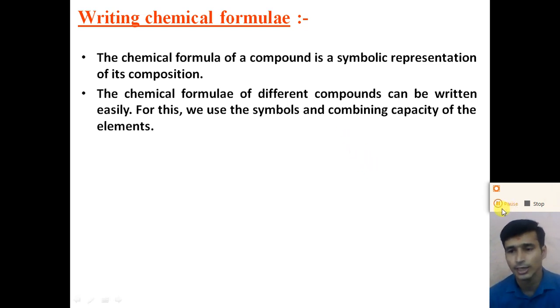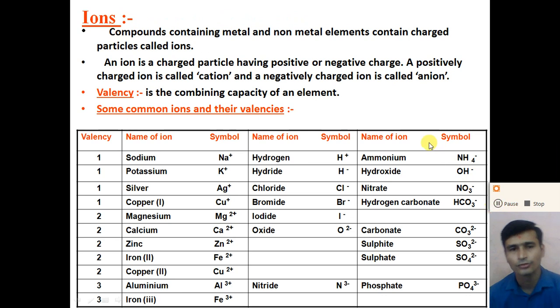Dear student, if you have not seen the previous video, see it so that you can easily understand how we can write the chemical formula of different compounds. Let us revise the symbols of the different elements and the combining capacity, that is called the valency, right? The valency is nothing but the combining capacity of the element.